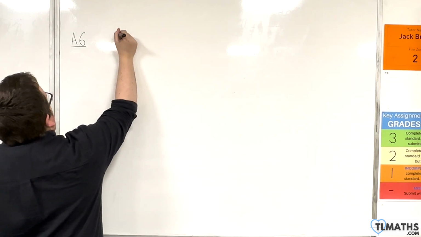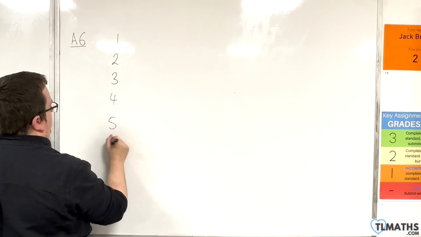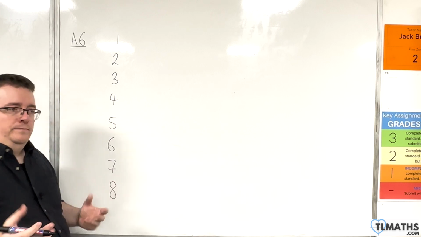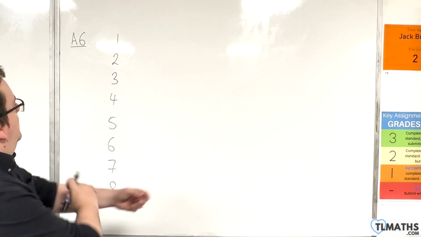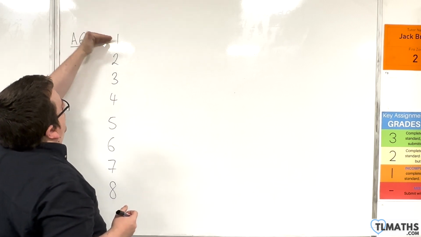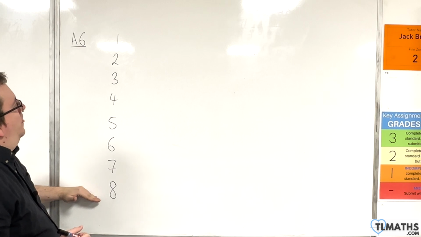So we'll start with 1, then 2, 3, 4, 5, 6, 7, 8, for example. Okay? Now, what's important is that we're identifying odd, even, odd, even, odd, even, odd, even.